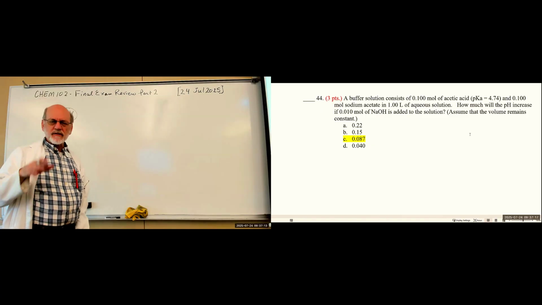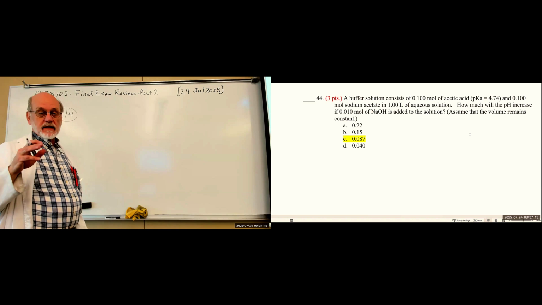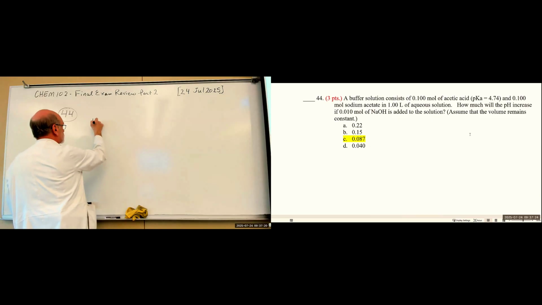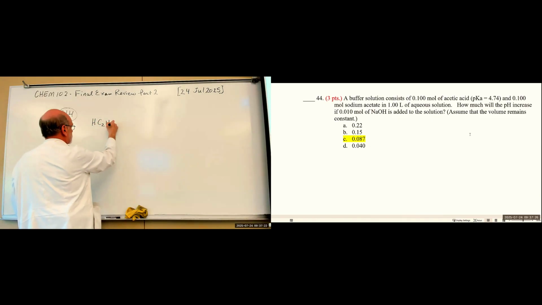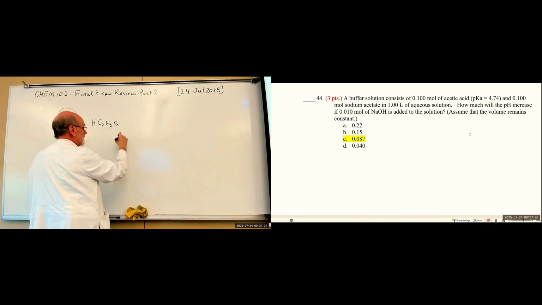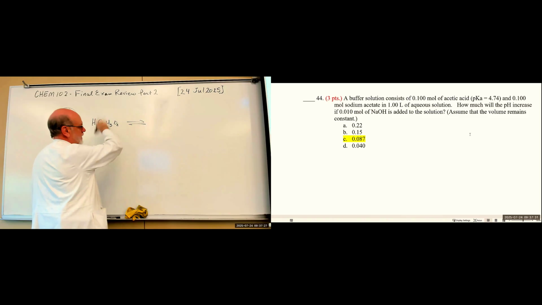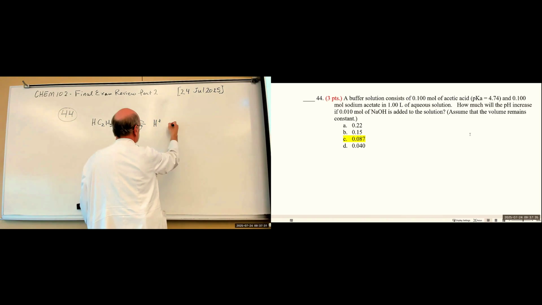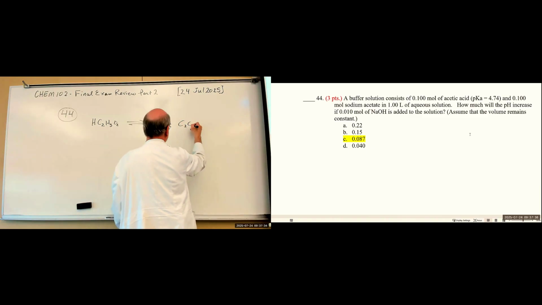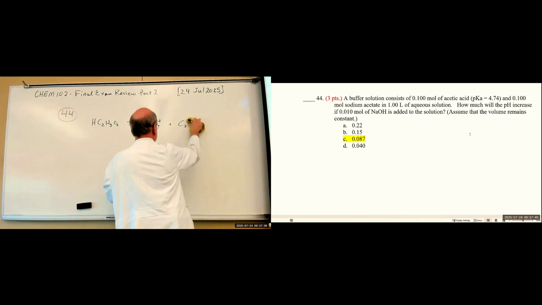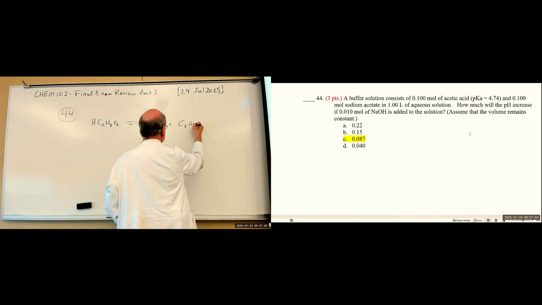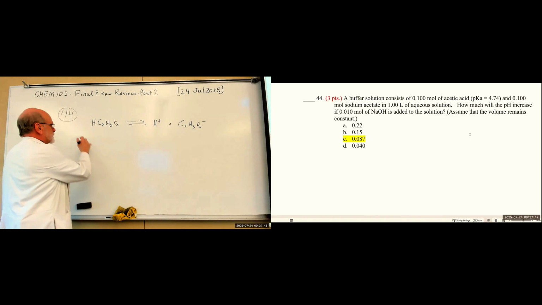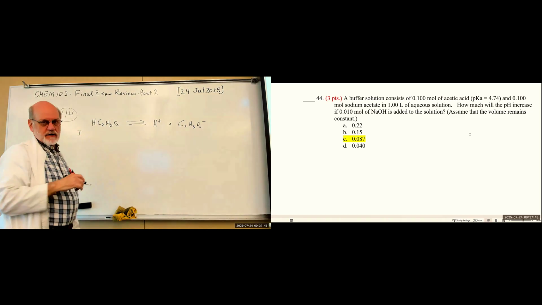So, the reaction that we're looking at here is acetic acid, right? And we're going to simplify it and leave the water out. And this makes hydrogen ions and acetate ions, C2H3O2 minus. Okay. So what are the initial concentrations here?